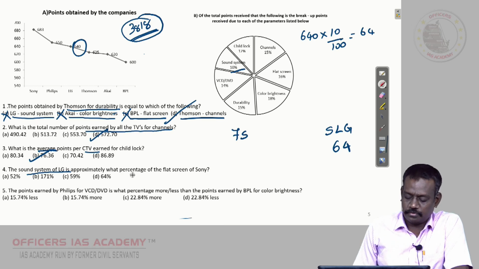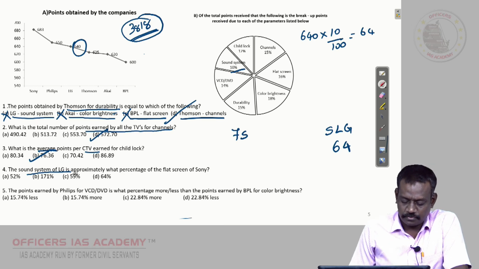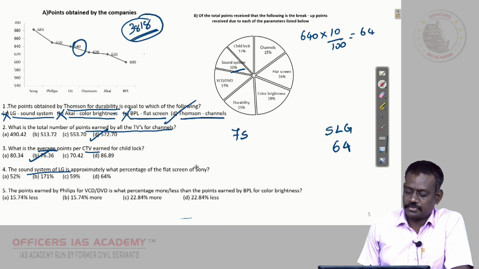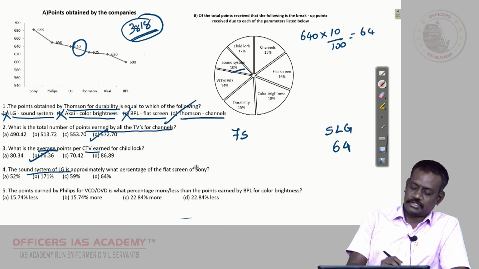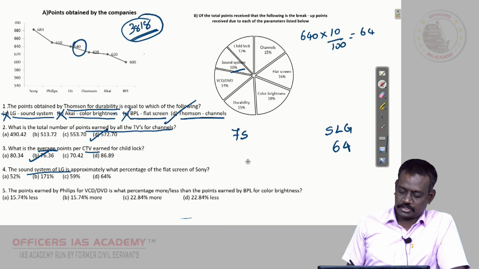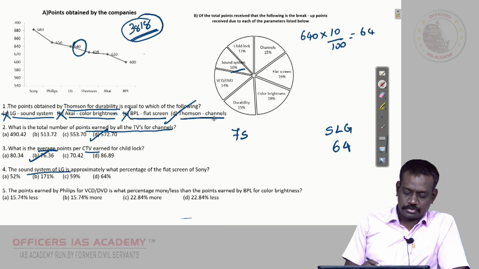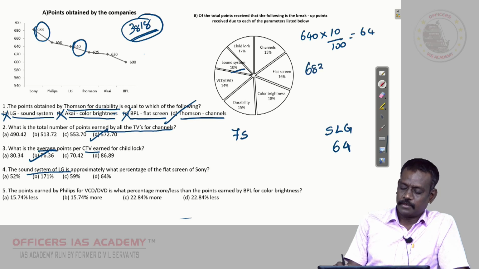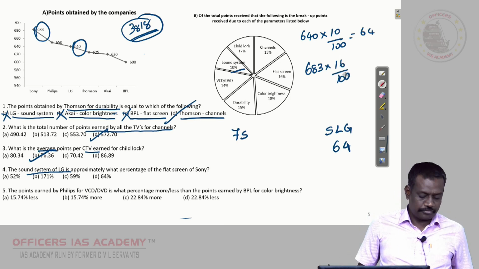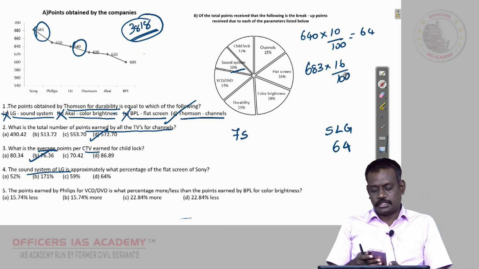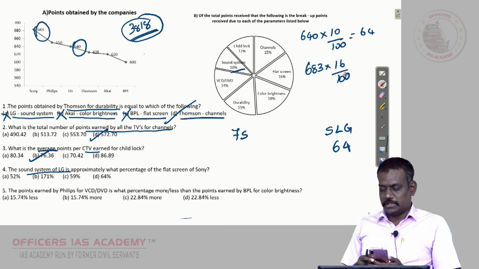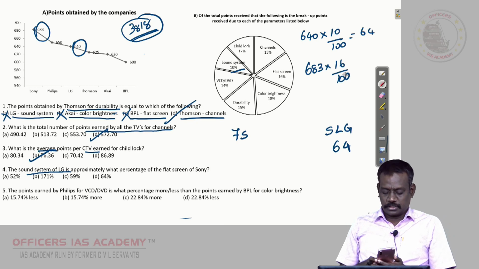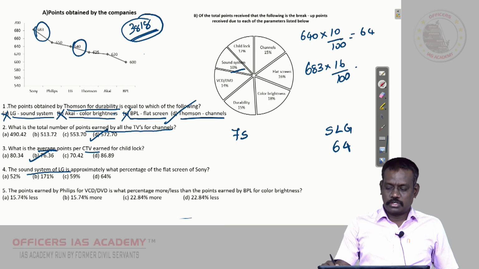Next we have to find the flat screen of Sony. Sony is 683, and flat screen is 16%, 16 by 100. So 683 into 16 by 100 is 109.28.